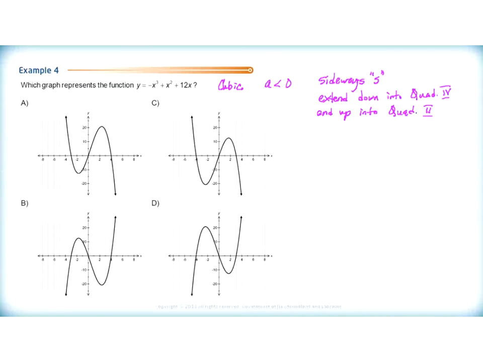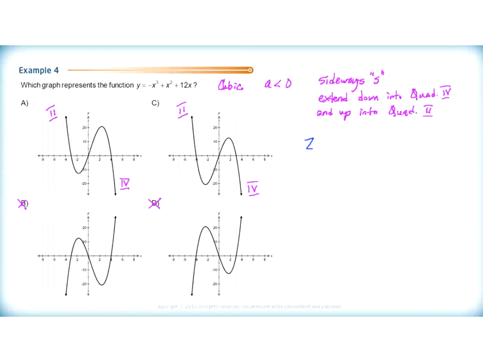When you look at the situations that we are presented with, we can now eliminate B and D as multiple choice items. In part A, the graph extends from quadrant 4 up into quadrant 2, and similarly for part C of the multiple choice items. So we still need to look at the zeros of the polynomial to determine the correct answer.